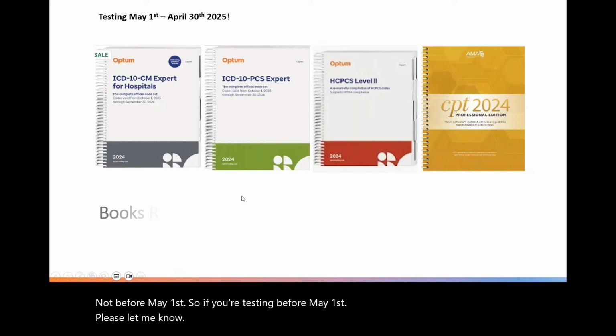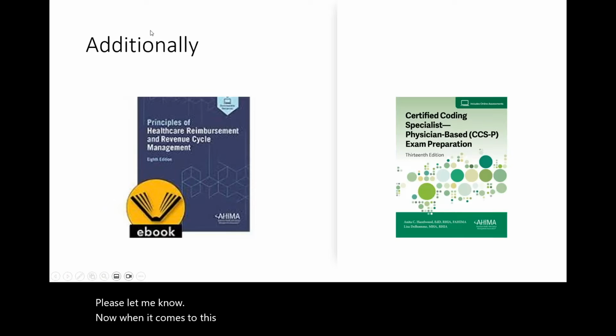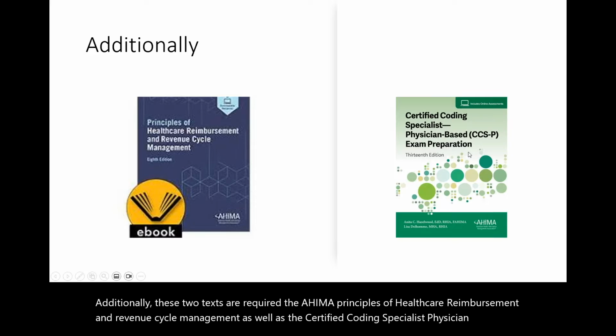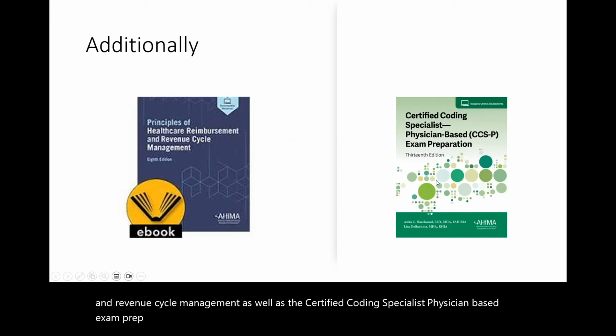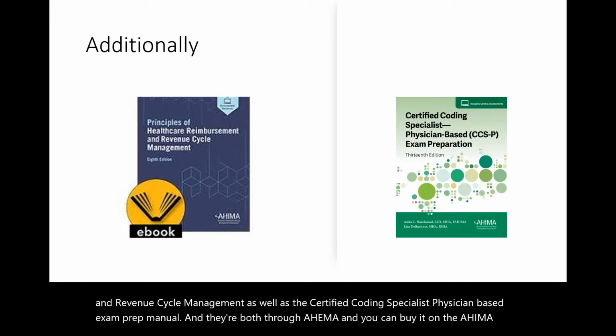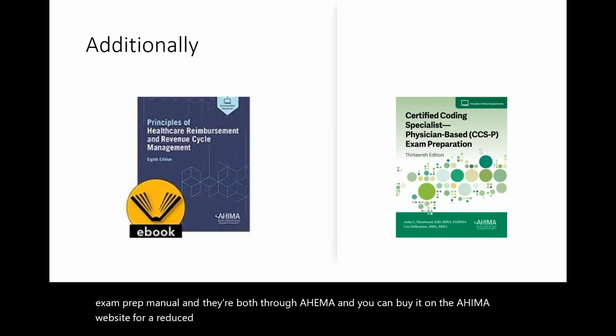Now, when it comes to this class, additionally, these 2 texts are required: the AHIMA Principles of Healthcare Reimbursement and Revenue Cycle Management, as well as the Certified Coding Specialist Physician-Based Exam Prep Manual. They're both through AHIMA, and you can buy them on the AHIMA website for a reduced price if you are a member. It's interesting that I can't get my books off, but it's okay.